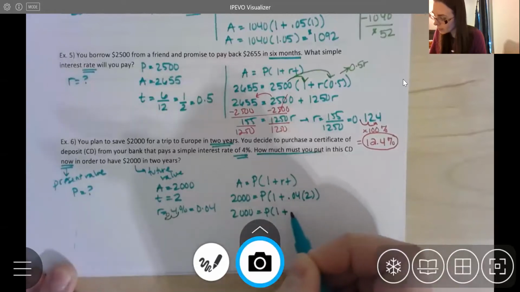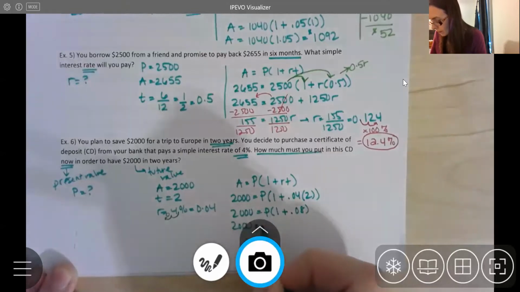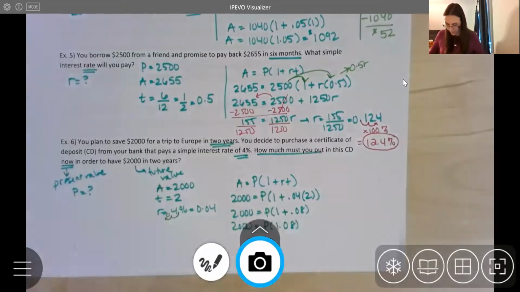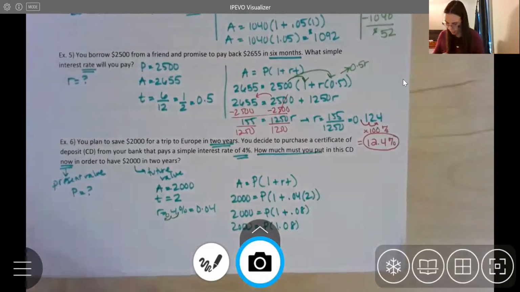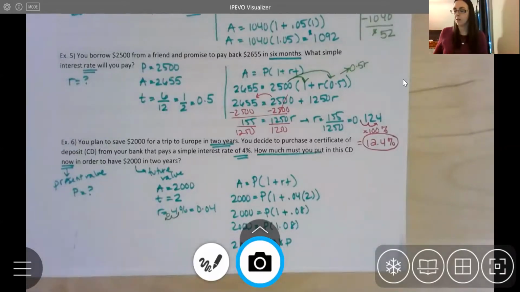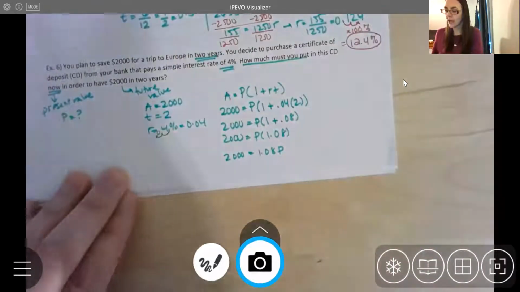Now, twice 0.04 is 0.08. So I have P times 0.08. Now, I know this is written a little bit backwards, so we can rewrite this if we want to. Put the 0.08 first. And then, just move this up. We're going to go ahead and solve.